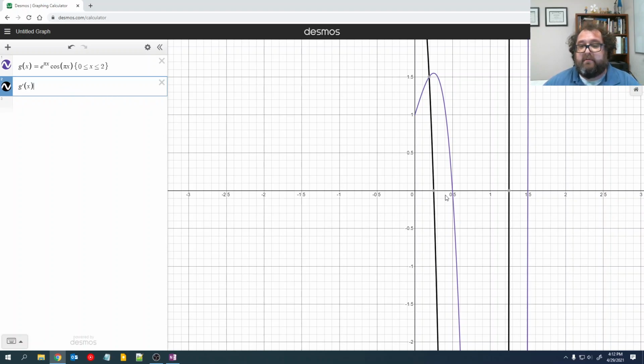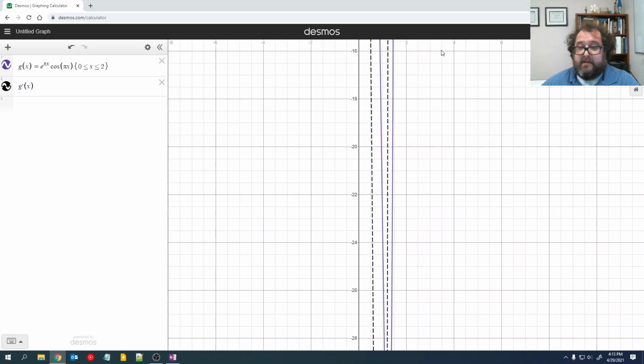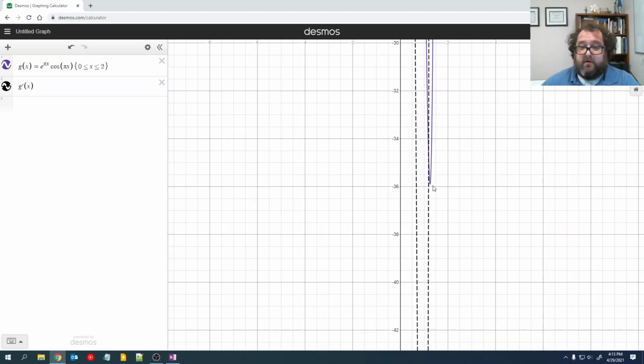Notice g prime of x has an x-intercept at 1/4, which means there's a horizontal tangent line, slope of 0, on the original function at x equals 1/4. Also, there is an x-intercept on the derivative function at 1 1/4, which means there is a horizontal tangent line on the original function way down here at 1 1/4.